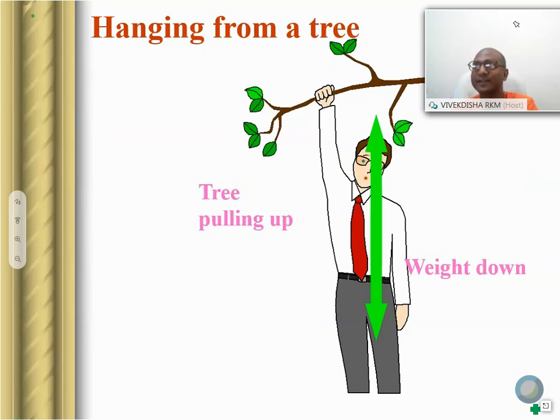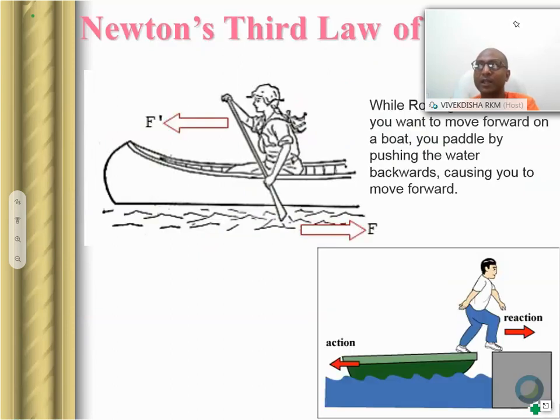He is not falling. So both the forces are working in opposite directions. But mind it, both the forces are not working on the same body, but on 2 different bodies. One on this person, another on the tree. So the weight is working on the tree and the pulling is working on the person.